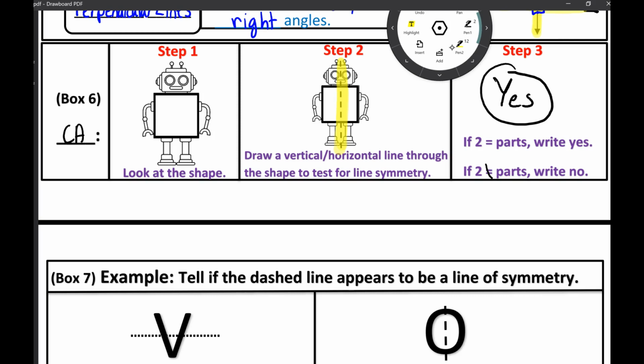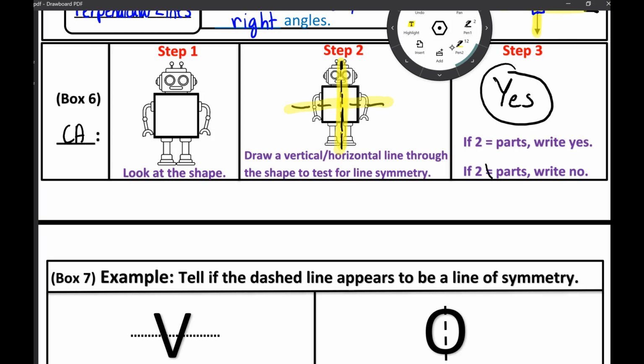However, sometimes the shape, you may be able to cut it like this, like in vertical form, okay? But sometimes you may have to try a different way, okay? So for example, another way of drawing a line through it would be horizontal, so it would look something like this, okay? However, if I were to cut this shape in horizontal format, right, like this, and I folded it based off of that, okay, I folded it into 2 pieces, it would not equal 2 equal parts, okay?